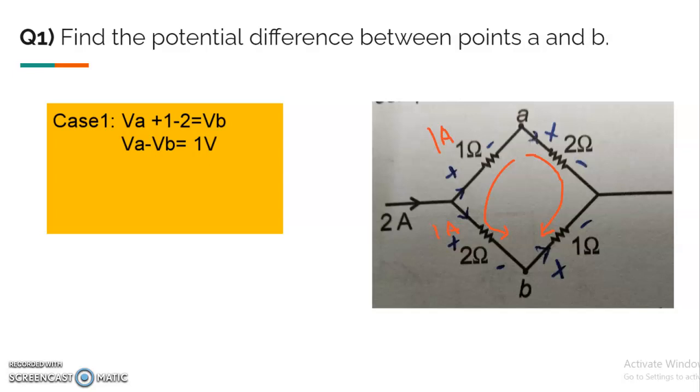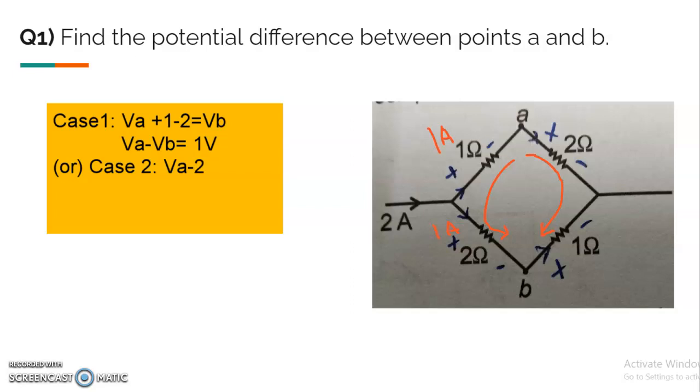Now let me also show you what is the answer when we calculate through the right side. That will be our case 2. Okay. Now again, VA. Now what did I tell you? Positive to negative, so it is going to be minus 2.